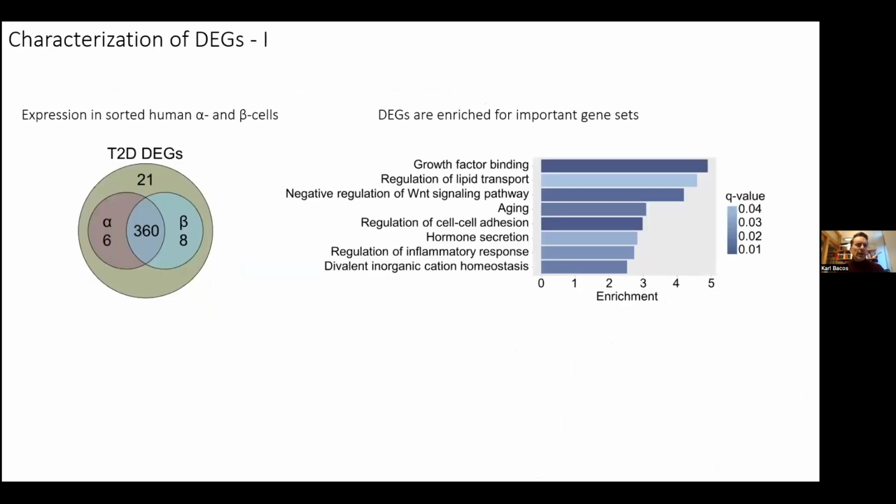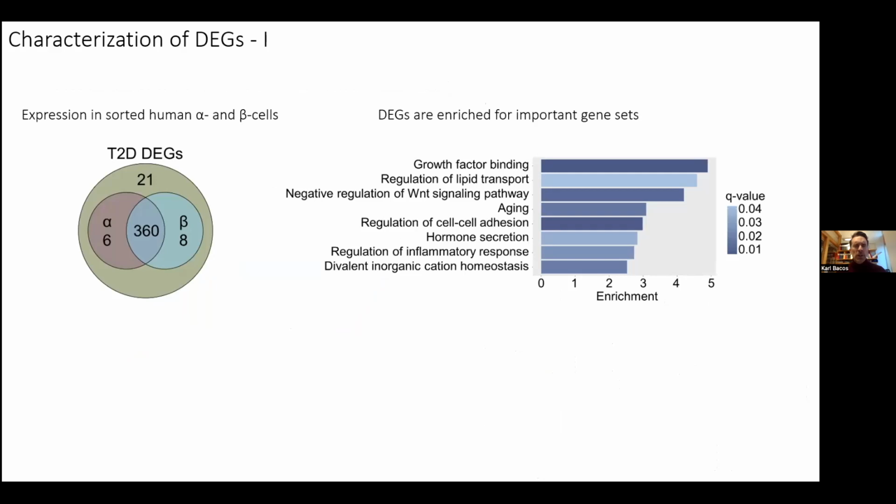We characterized the differentially expressed genes a little bit. So we used sorted alpha and beta cells from our human islets and did RNA sequencing on those to see what cell types express the DEGs. And we found that the majority of the 395 DEGs are expressed in alpha and or beta cells in human islets.